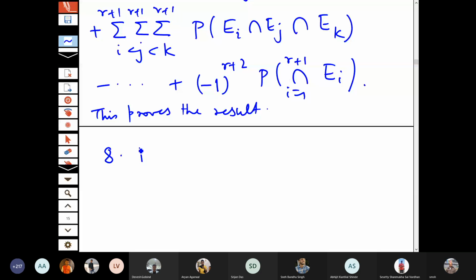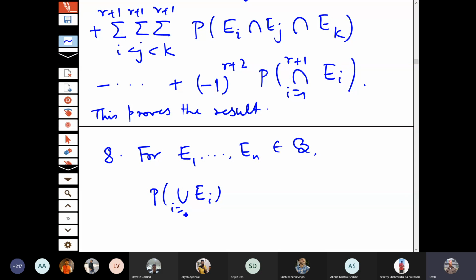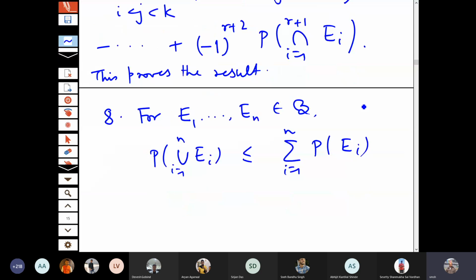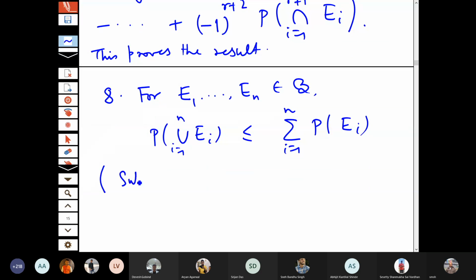For E1, E2, up to En belonging to B, probability of union of EI is always less than or equal to the sum of the probabilities. Okay, it is called subadditivity. Again you can prove it by using the previous results, but I am not going to write it here.